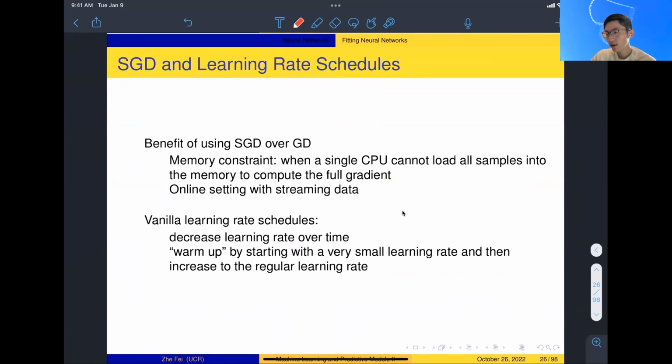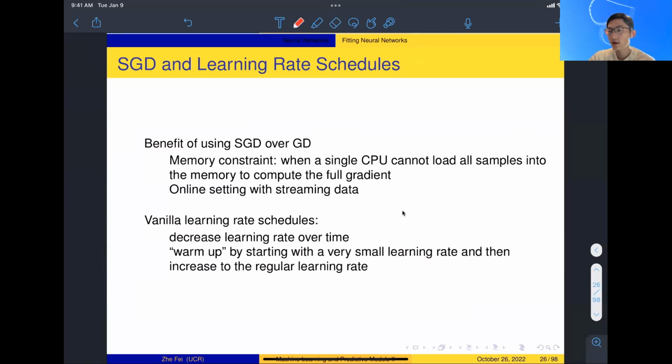So in real world applications, mostly people would prefer SGD over the classic gradient descent, because of the computational advantage. Essentially, for SGD, at each iteration, you only need to use a subset of your samples, so the CPU requirement becomes much lower, and the memory requirement as well. That's a very realistic advantage for people to use SGD.